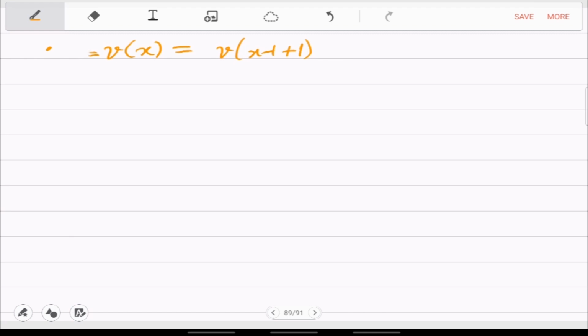V of x I know is 0, and V of x minus 1 I know is, what else can we try? The valuation of x minus 1 is minus 1, right? Yes. So when you expand that valuation of x minus 1 plus 1, you will get the minimum of valuation of x minus 1 or valuation of 1. Yeah, which is true. 0 is at least minus 1 or 0. That's not a contradiction. So that is fine.